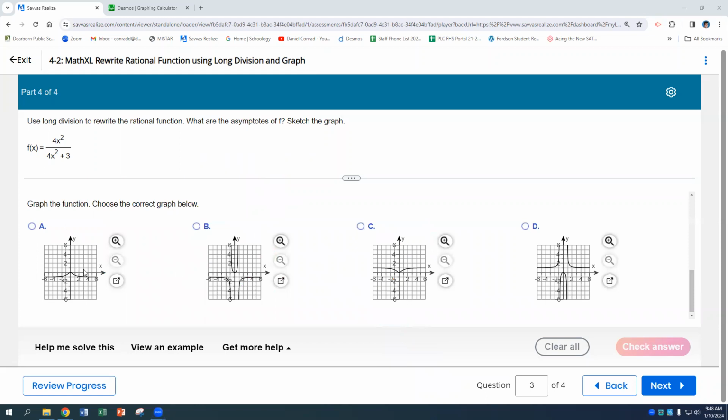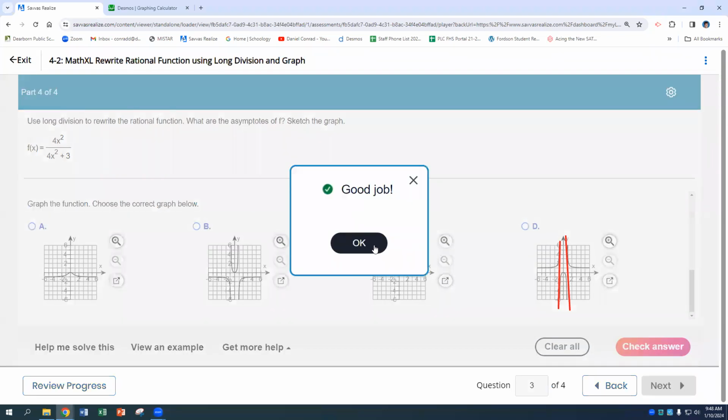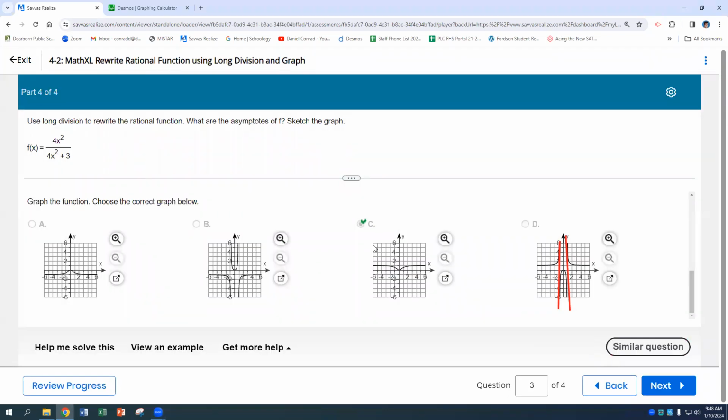Okay, so it's not A, it's not B, it could be C or it could be D, but there's no vertical asymptote. This one has 2 vertical asymptotes, right? Our 2 vertical asymptotes on this graph would be here and here. Since we had no vertical asymptotes, we need to choose option C, it's got an asymptote here, y equals 1. Okay, but no other asymptote.